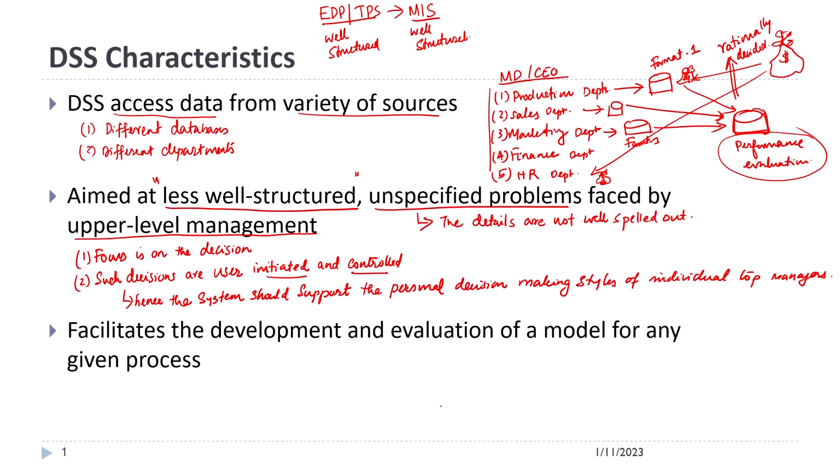Because the decision making process is initiated and controlled by the user, who here is the decision maker, the top decision maker, he is controlling the decision making process. The system should support the decision making style of the individual managers.